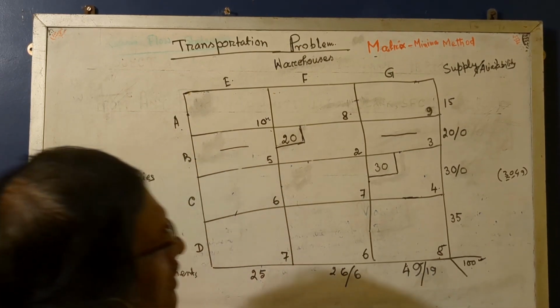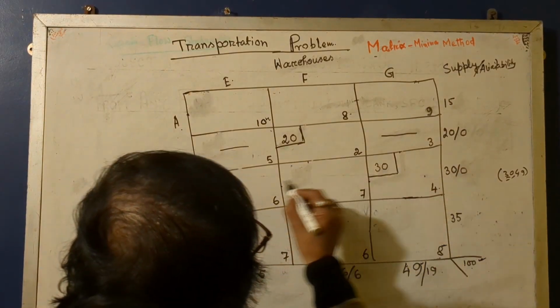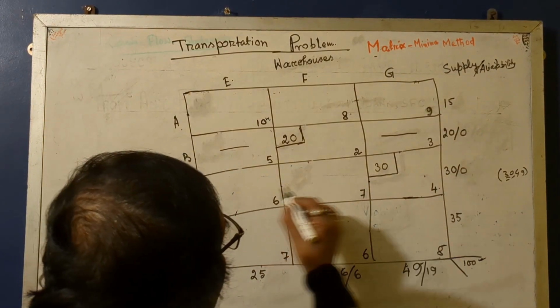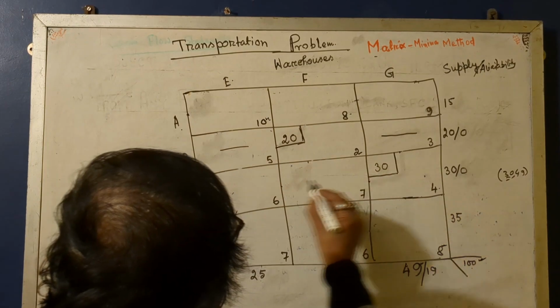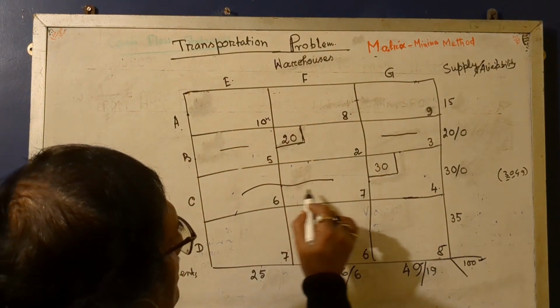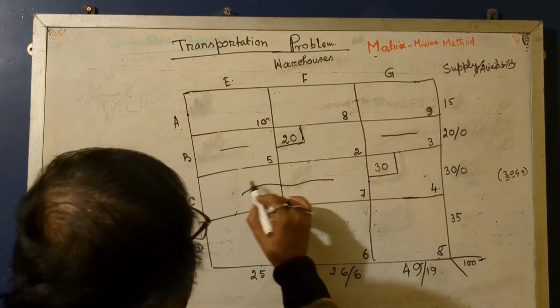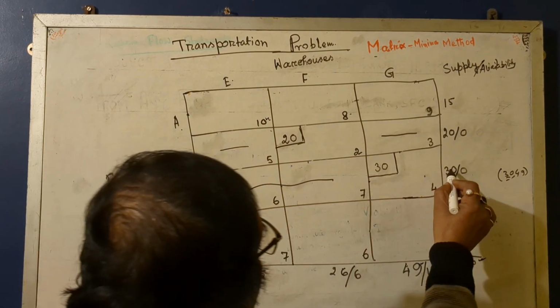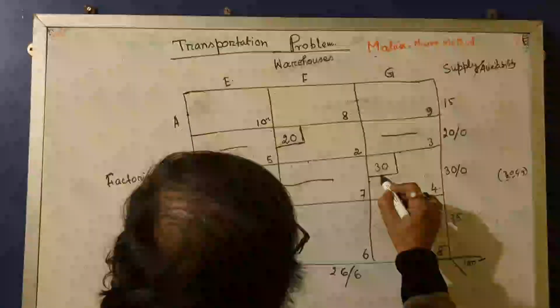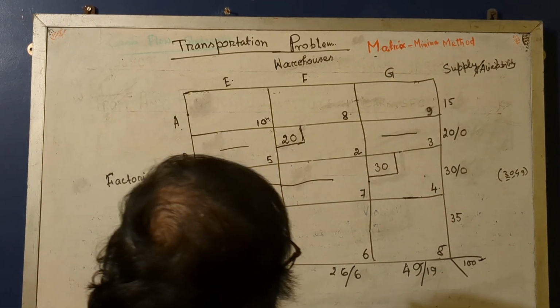Still you have to shift 19 units. As all available units have been allocated, there is no scope to shift any unit to these cells. Okay. Now, how do we proceed?